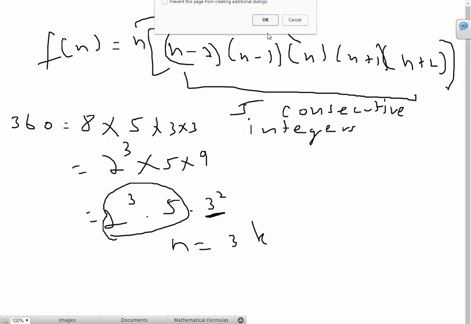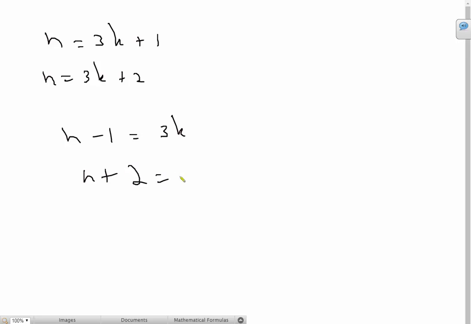Now, in this case, there's only 2 options. n can be 3k plus 1, or n can be 3k plus 2. Now, if n is equal to 3k plus 1, then n minus 1 will surely be equal to 3k, right? Furthermore, n plus 2 will also be equal to 3k. Not necessarily the same k, but it's still a multiple of 3.